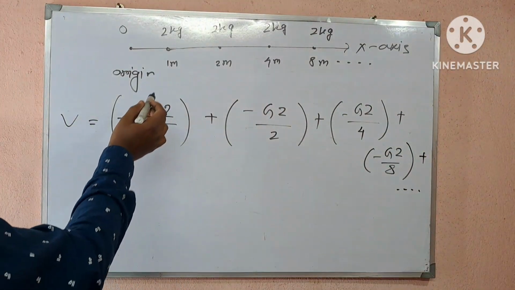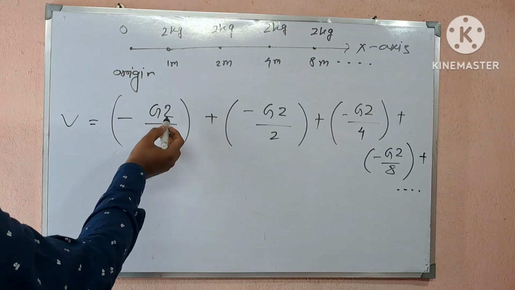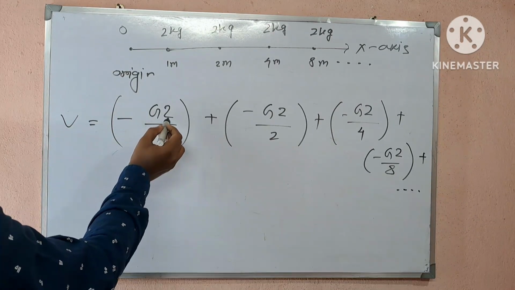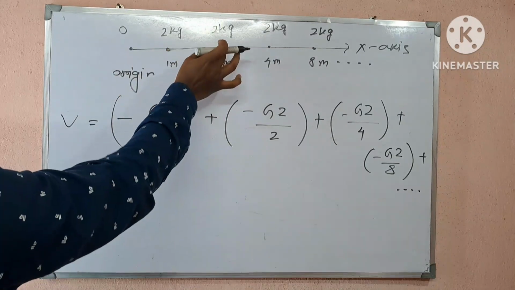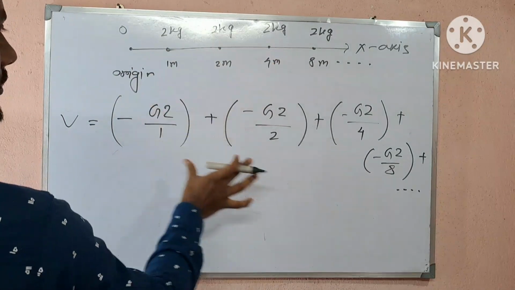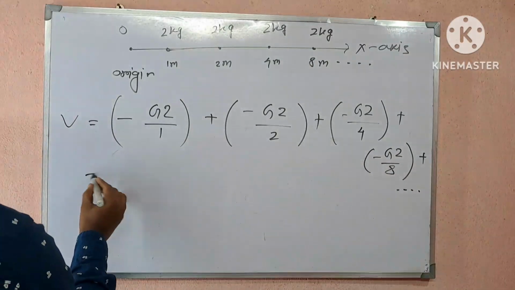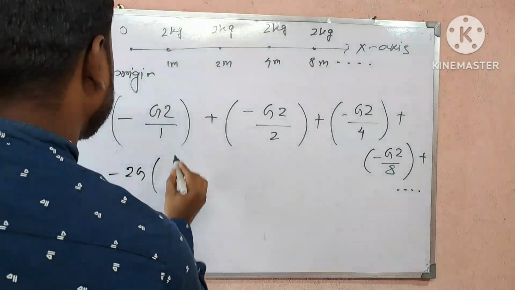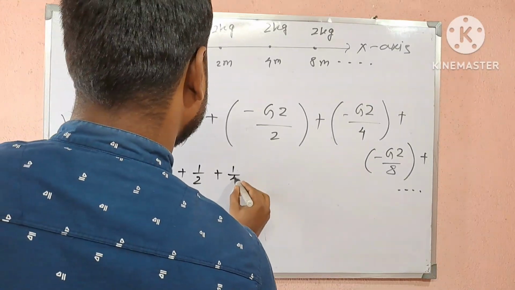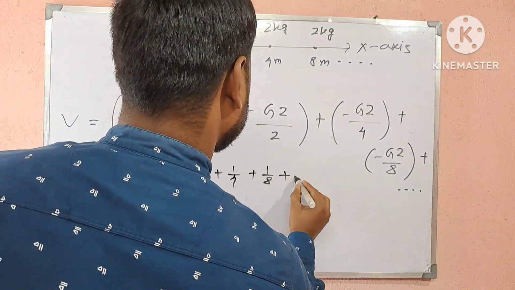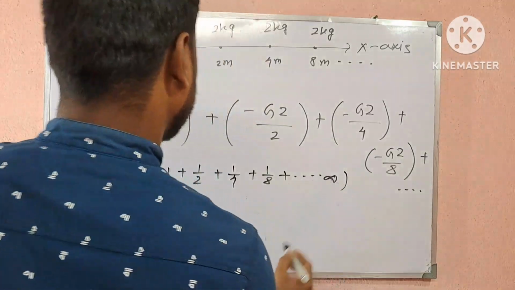Because here the mass of the object is 2 and the formula is GM, where m is mass, and for that one the distance is 1, for that one distance is 2, for that one distance is 4, and so on. So if we take minus 2G common, then that will be 1 plus 1 by 2 plus 1 by 4 plus 1 by 8 plus up to infinity.